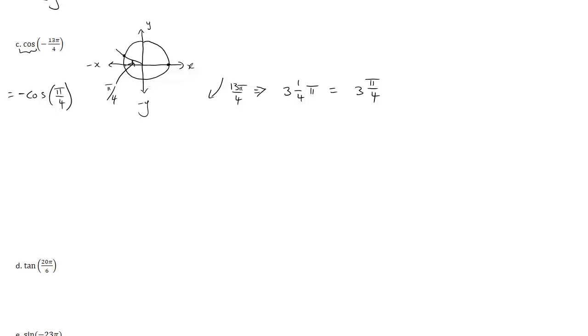The negative needs to be placed in front, because we can see that the distance here along the x-axis is negative. It's negative x values. So the x coordinate is negative square root of 2 on 2 and some kind of y value. But we're not interested in the y value, we're only interested in the x value, so that's negative square root of 2 on 2.